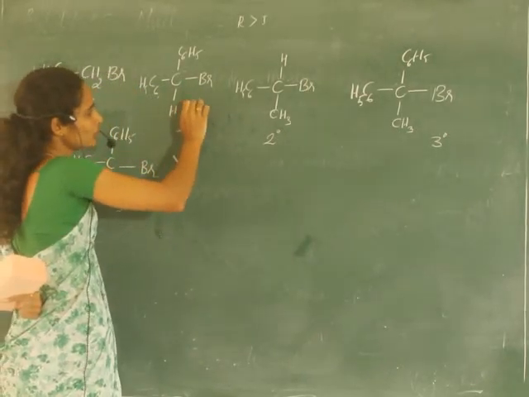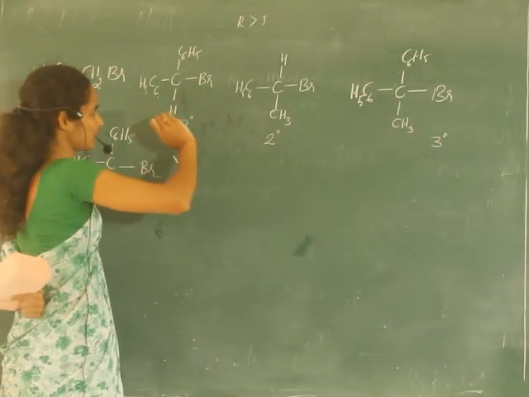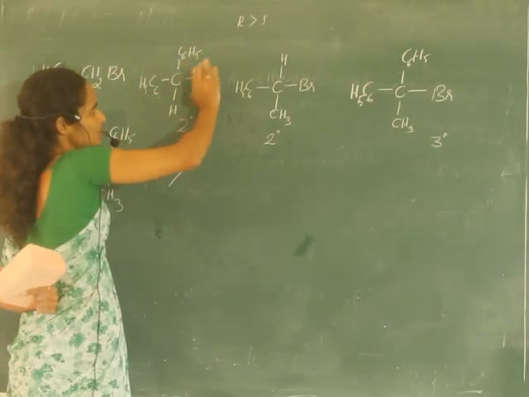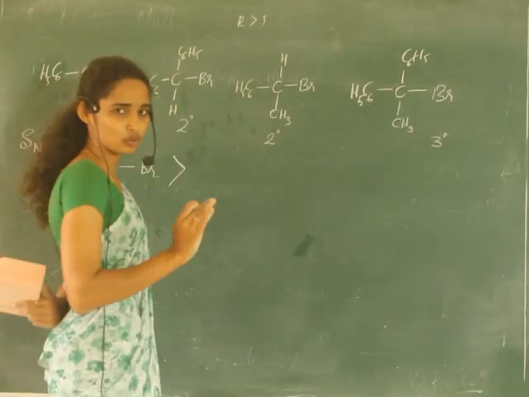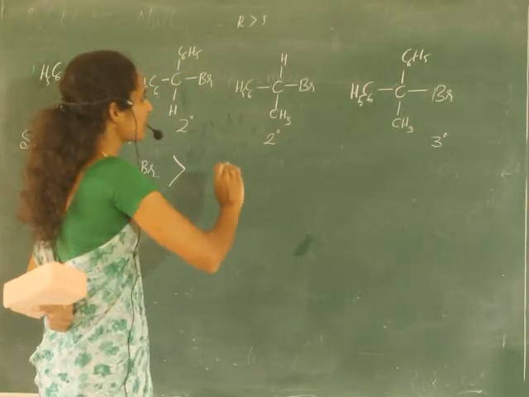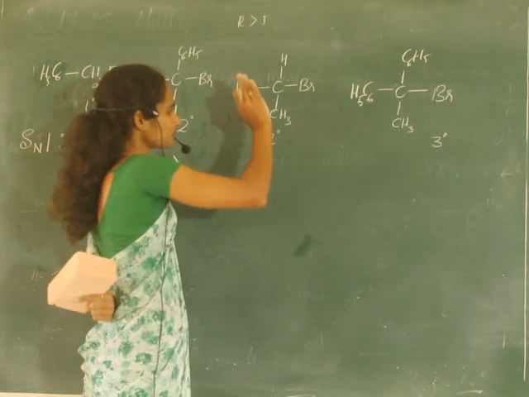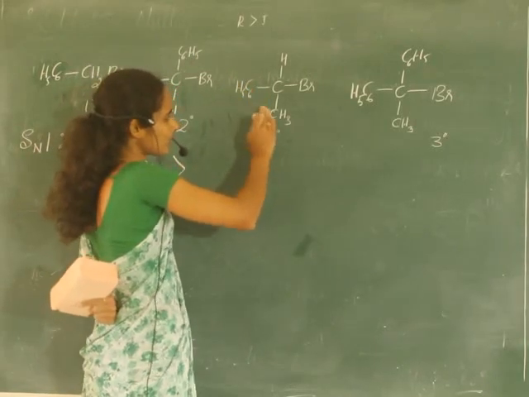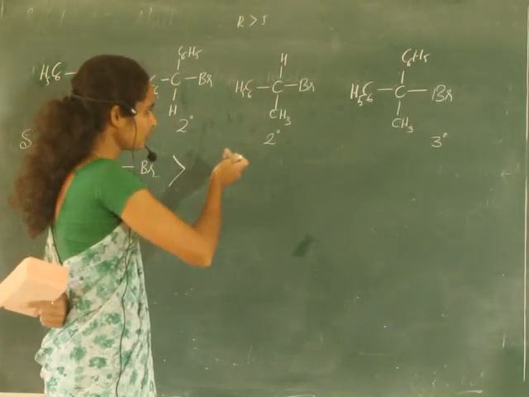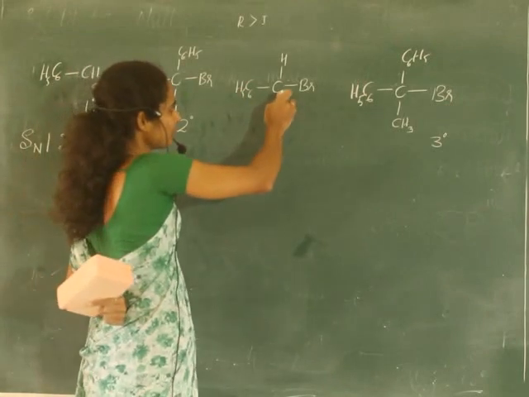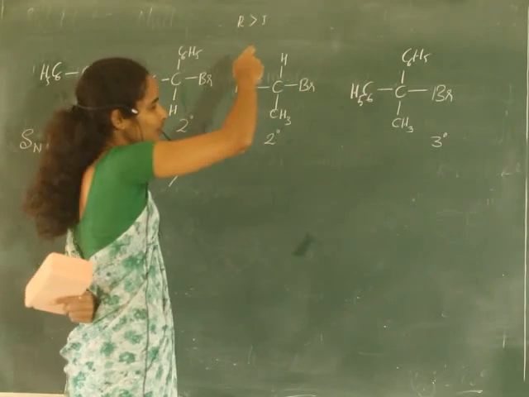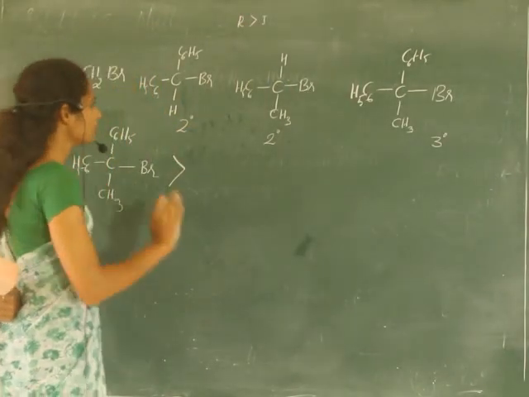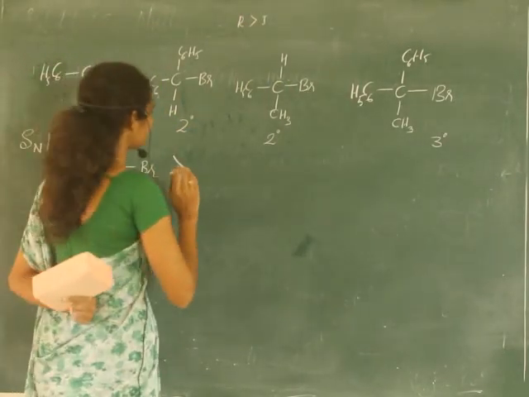It prefers SN1 reaction. Hope it is clear, because two benzene rings are attached, hence the carbocation formed is resonance stabilized. Here the carbocation formed is resonance stabilized and stabilized by inductive effect, but resonance stabilization is greater compared to inductive effect stabilization.